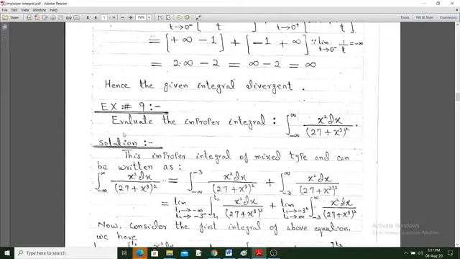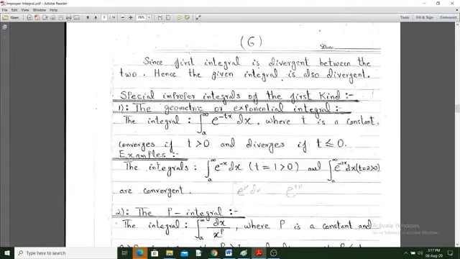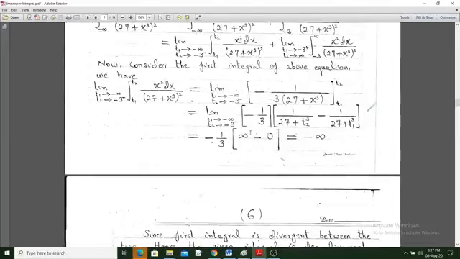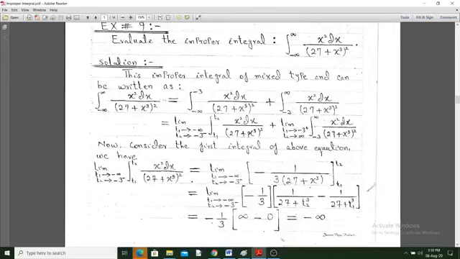But in the theoretical part, that is the second part, now we start. In the second part, instead of calculating the integral, just by using some theorem, we can say whether the given integral is convergent or divergent.